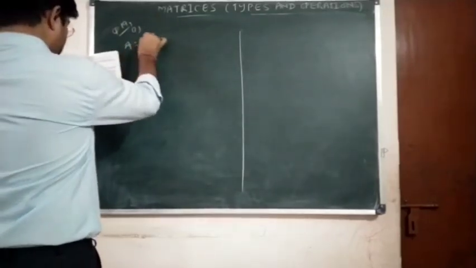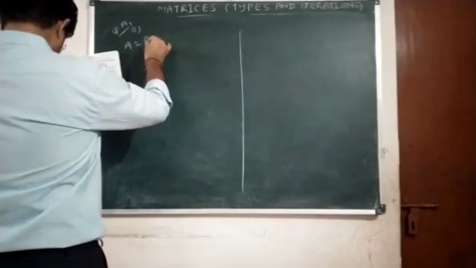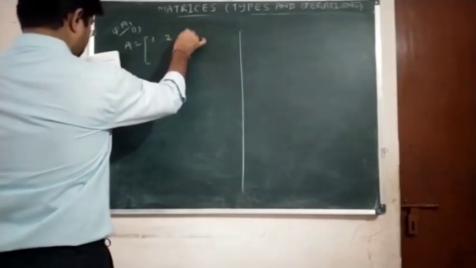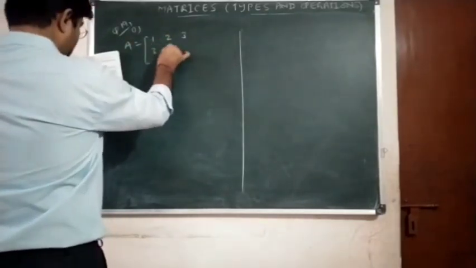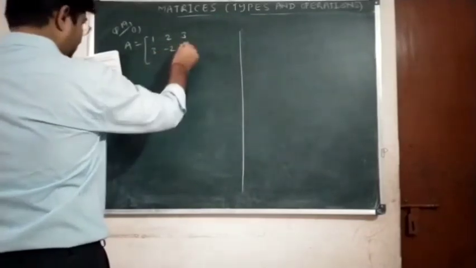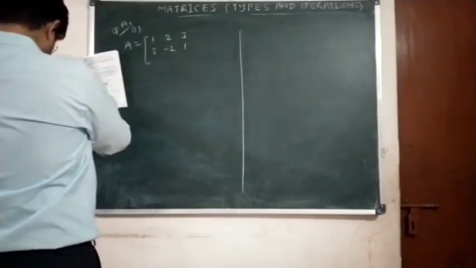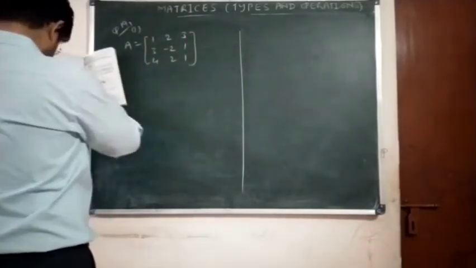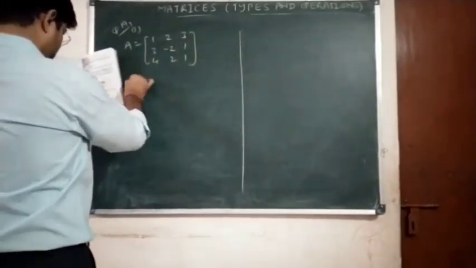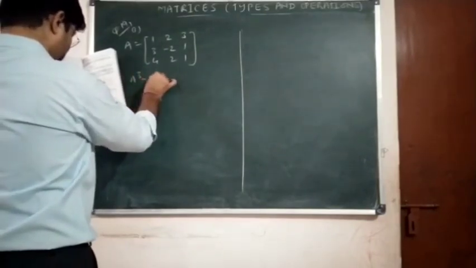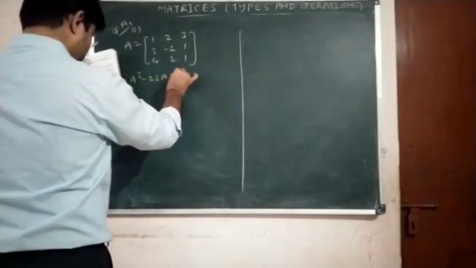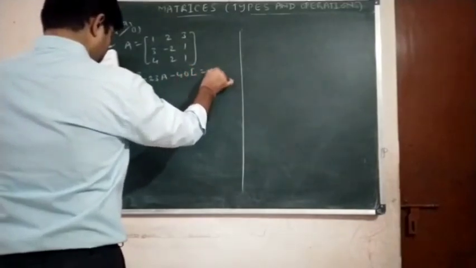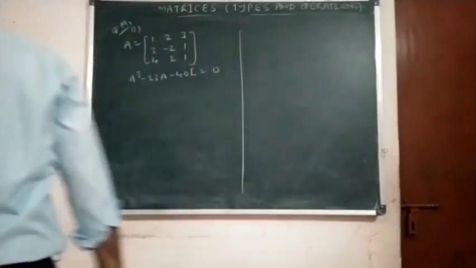Matrix A is given: 1, 2, 3, 3 minus 2, 1 and 4, 2, 1. Okay, we have to show that A cube minus 23A minus 40I is equal to 0.